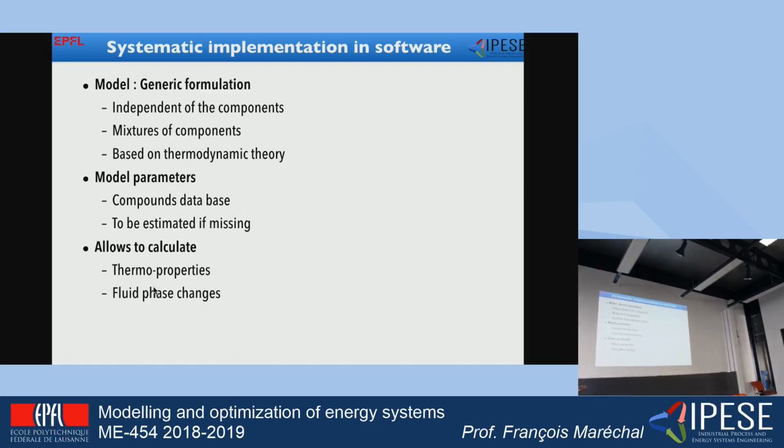So we'll be able to calculate the enthalpy, the entropy, the phase state of the system. Okay? So this defines what I need for what I'm naming the constitutive equations.